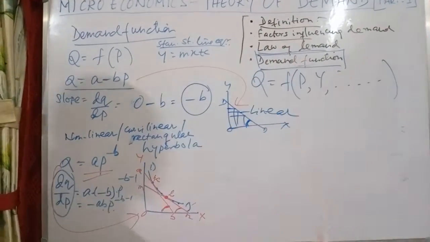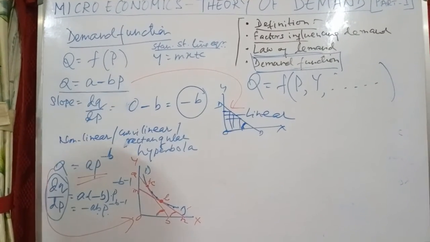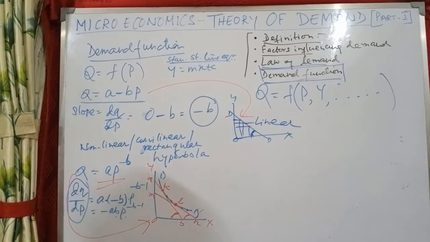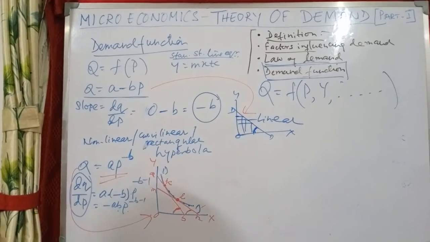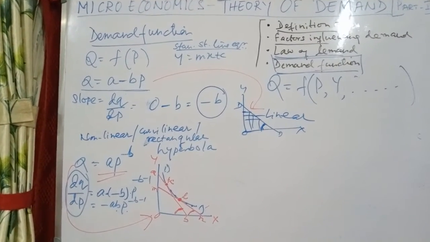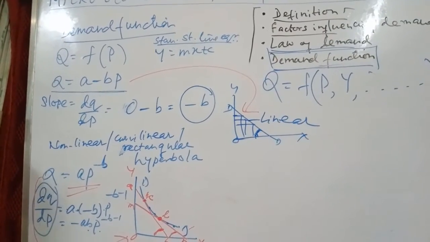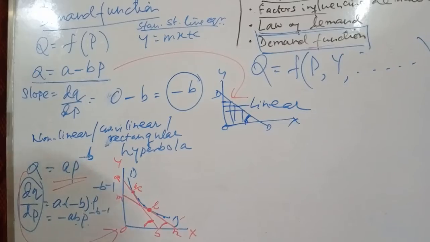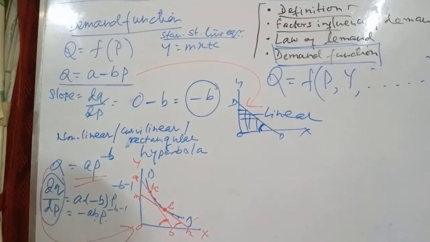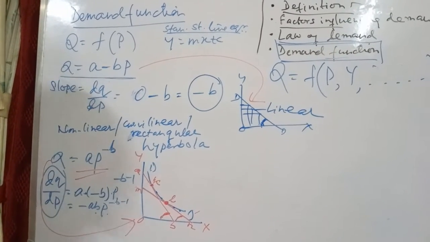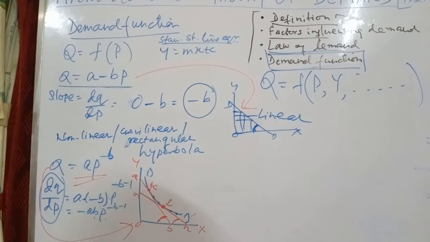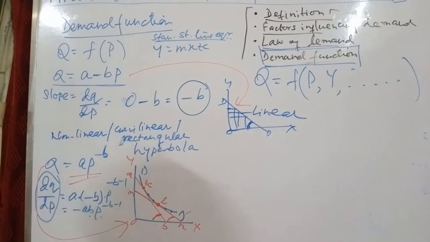Next, what are the factors that influence demand? There are many factors that influence demand, like price of the commodity, income of the consumer, prices of related commodities, that is prices of substitute and complementary goods, tastes and preferences of the consumer, habits, customs, etc. Out of those factors, the price of the commodity and income of the consumer are the most important and strongest so long as influence of the factors is concerned.